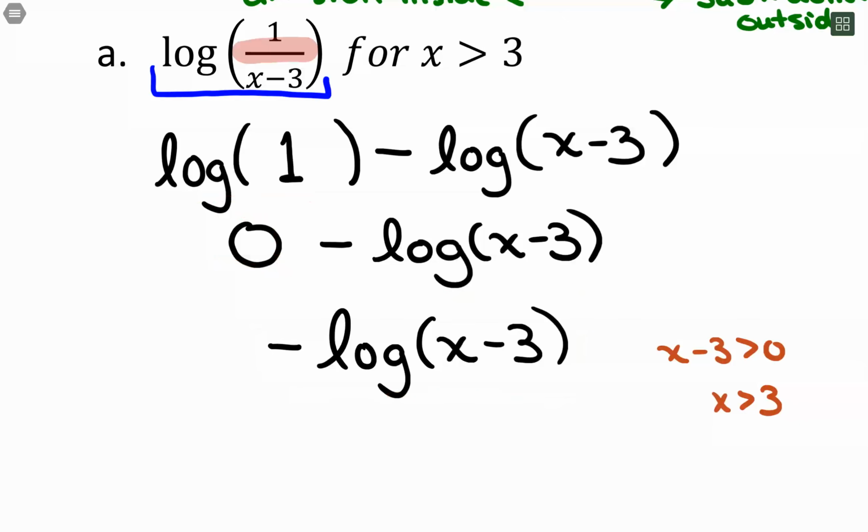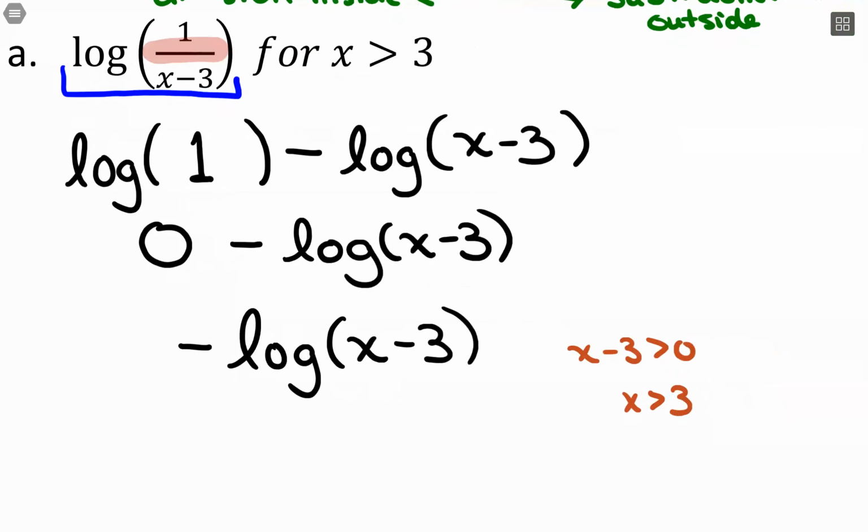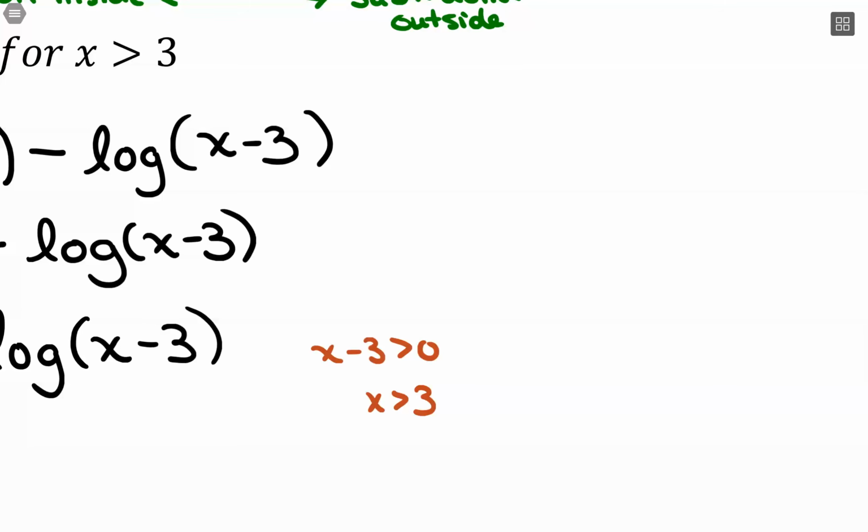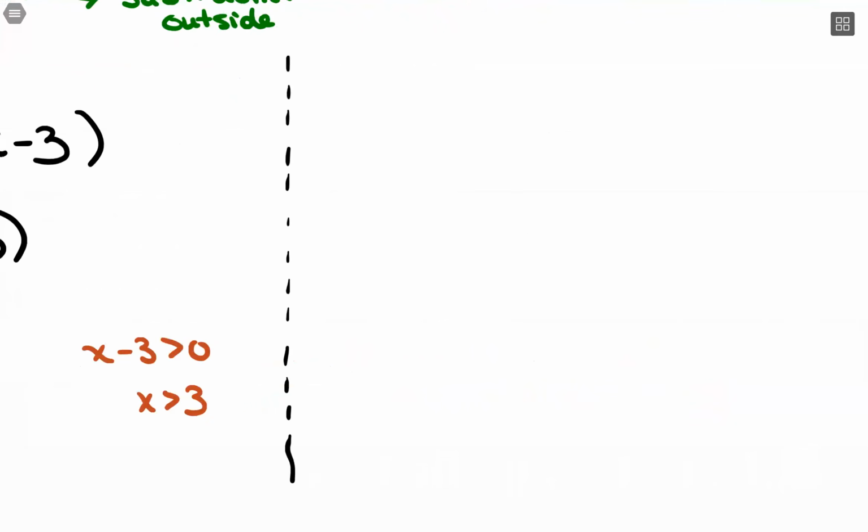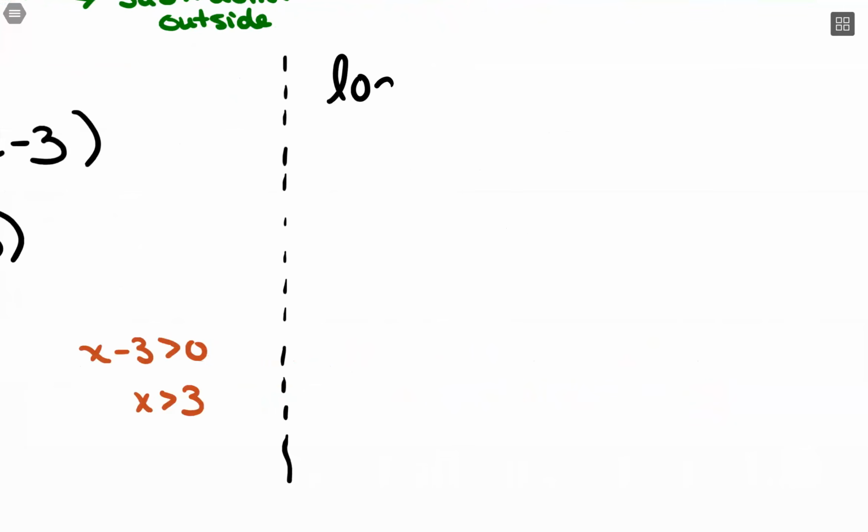Now we could have done this solution another way, and as we go through these, I'll try to include these multiple ways of getting to the same answer, because sometimes it'll make you look out for different ways of doing it, and there might be a method you prefer. But how we could have done this is where we started with logarithm of 1 over x minus 3, I could have expressed the inside of that logarithm a different way.